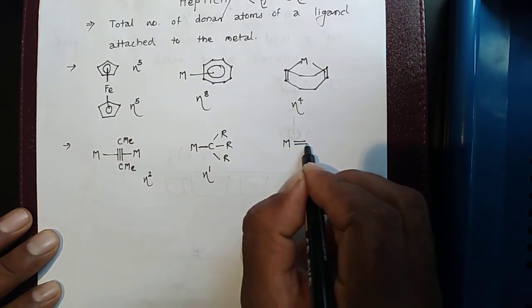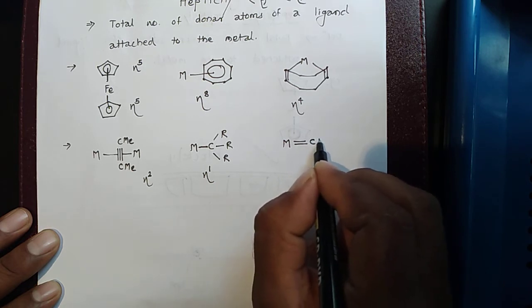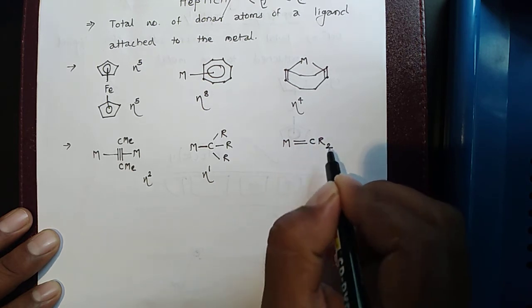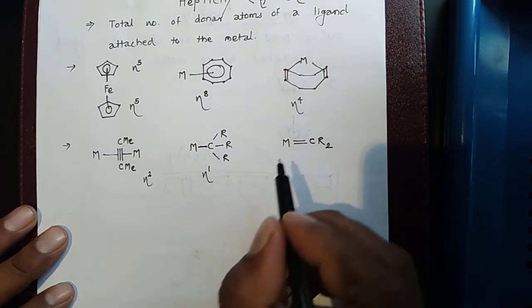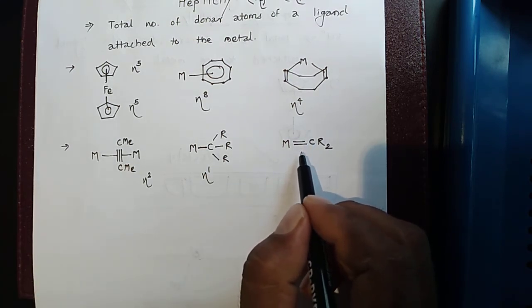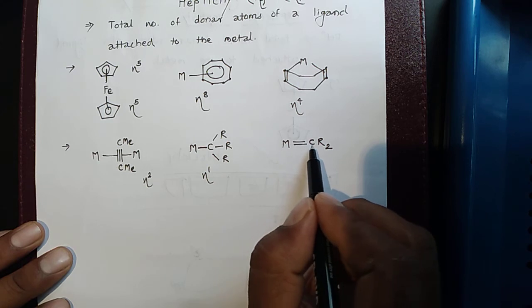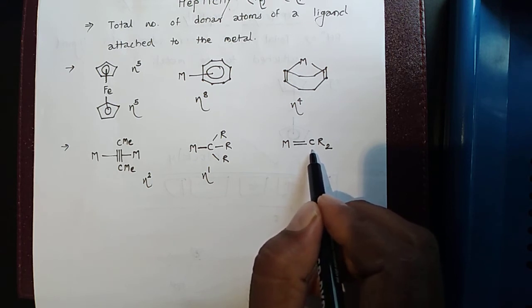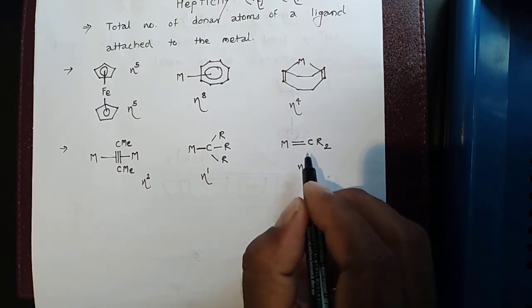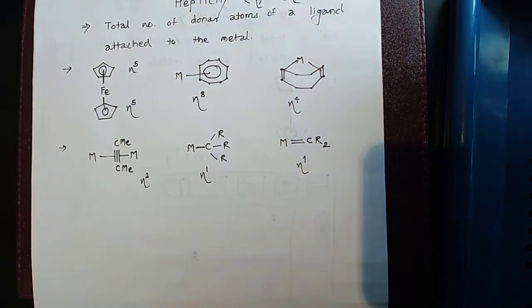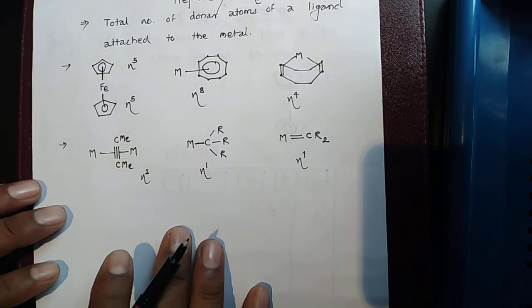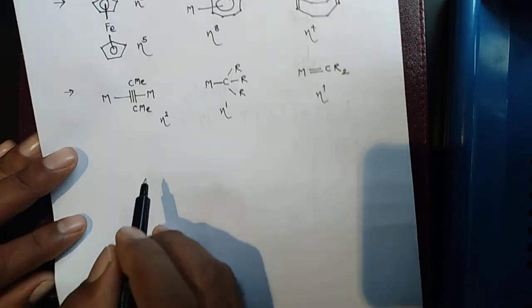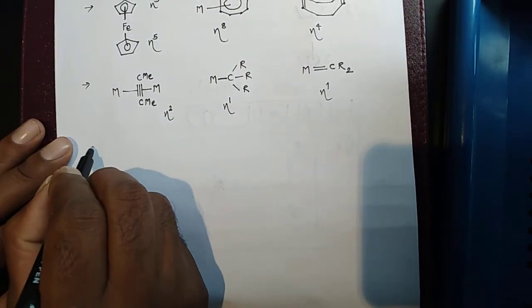The metal is attached to a carbon having a double bond and 2 alkyl groups. Here also the same thing, the donor atom is only one carbon. So hapticity again for this ligand is 1. So we can write it this way.